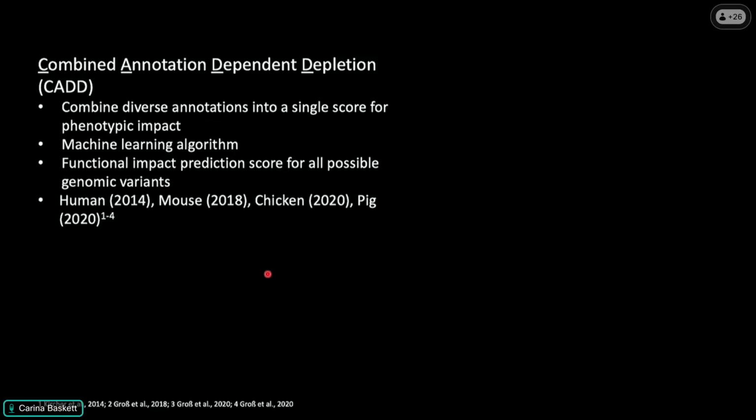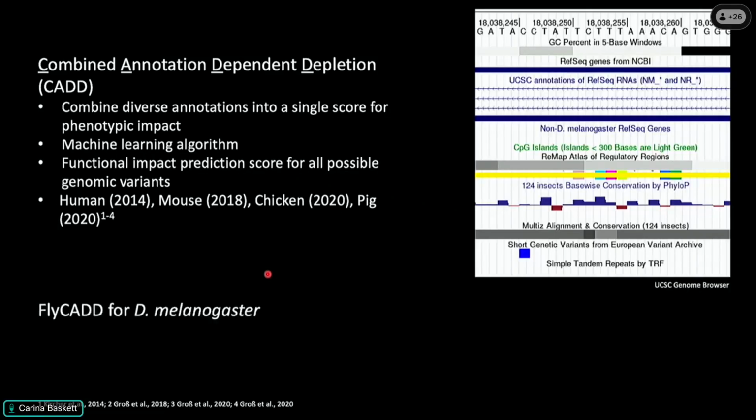So the first CADD was developed for humans, but since then it has also been developed for mouse, for chicken, and for pig. But so far, not for any insect species. And this is where Julia's project comes in, because she developed a FlyCADD specifically for Drosophila melanogaster. And this is possible because there are a lot of annotations available for this species.